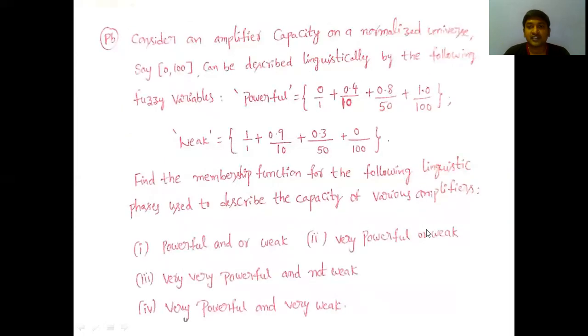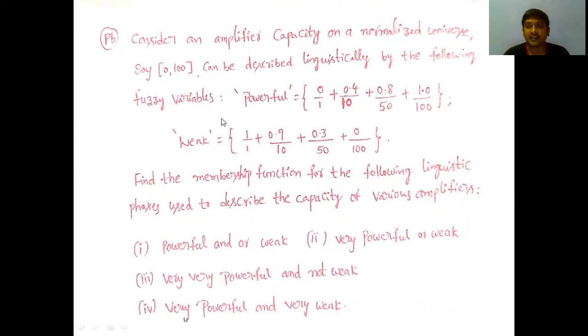So now we can see one more type of model problem in the fuzzy sets. So here consider an amplifier capacity on a normalized universe, say 0 to 100, can be described linguistically by the following fuzzy variables: powerful and weak membership. These are the two types of the functions.